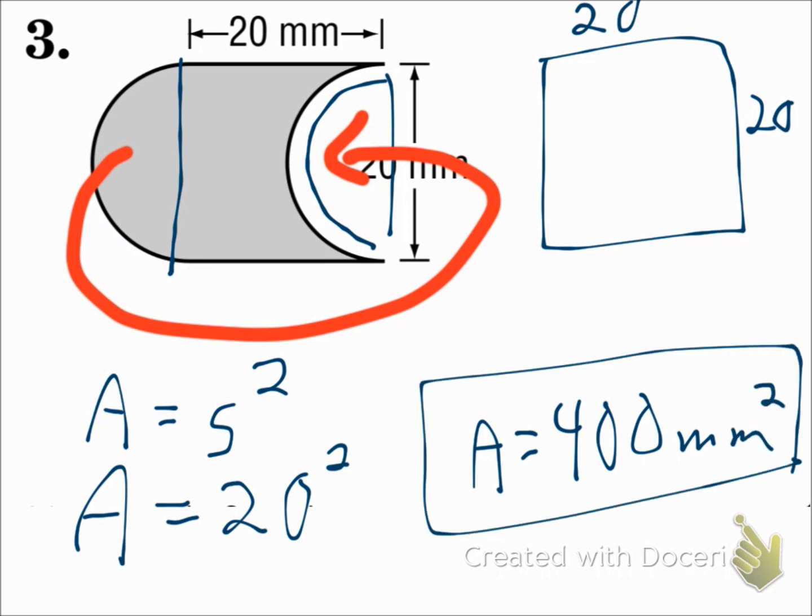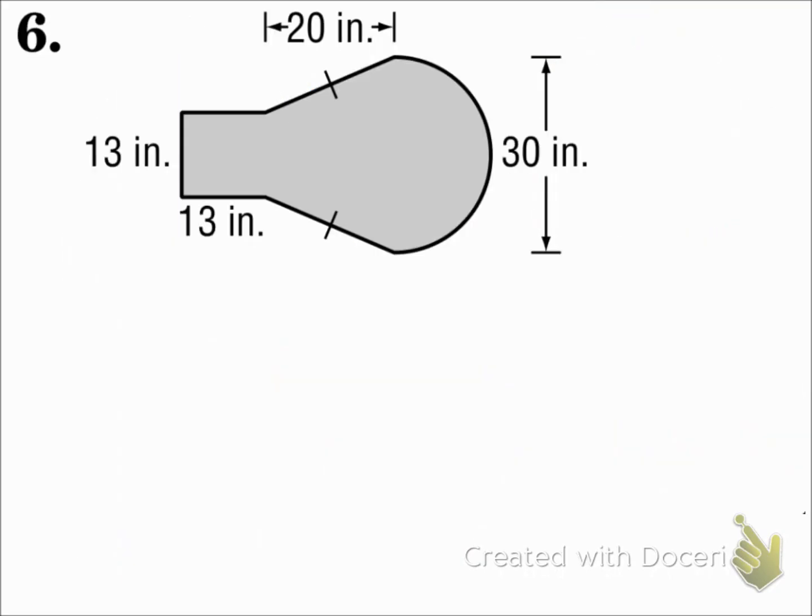So since I was able to take the one piece and slide it into the other slot, really what I have is a square. For number 6, I have a composite figure that I'll just divide into different shapes and add up the areas of each one. Well, I see the curve over here, which means I'm going to have a semicircle, which I can divide.